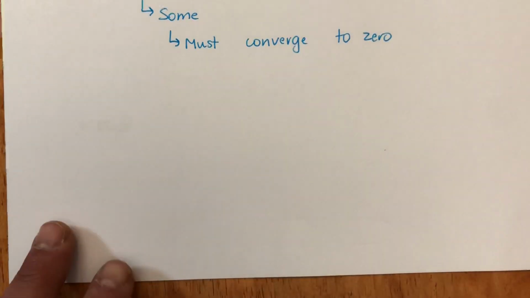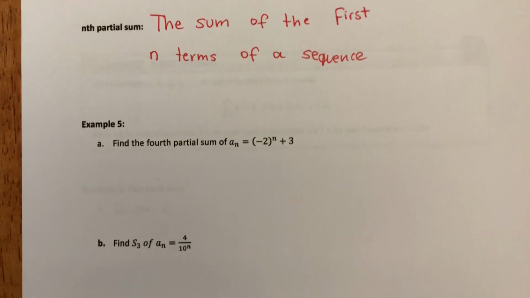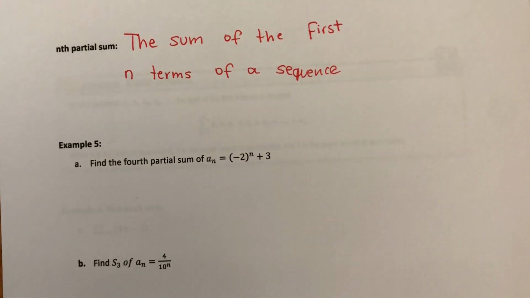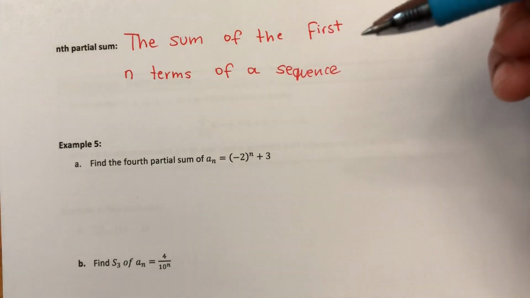There's a lot of information in this unit. All right, there's something called an nth partial sum, and it is the sum of the first n terms of a sequence. Let's see what it means.